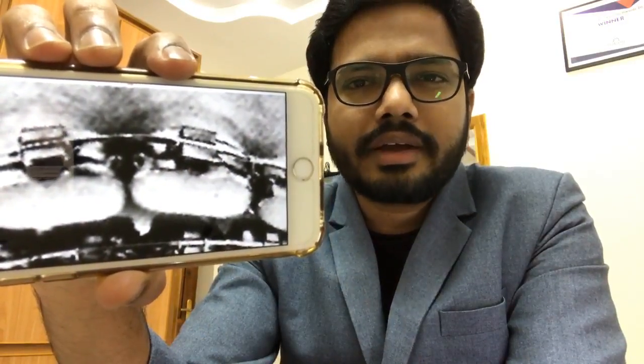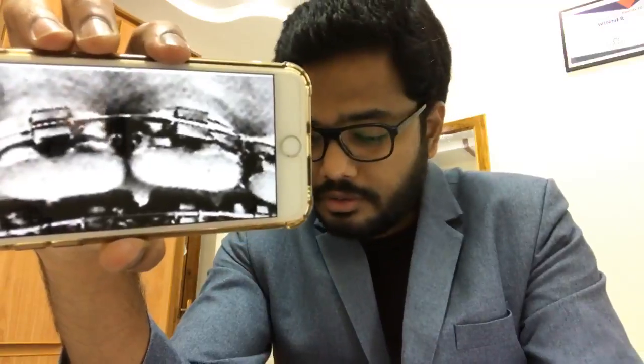So as you can see here, we have rectangular slots incorporating a rectangular wire. The dimensions of the rectangular slot are 0.028 inch and 0.022 inch.